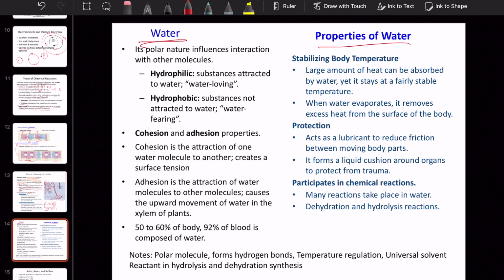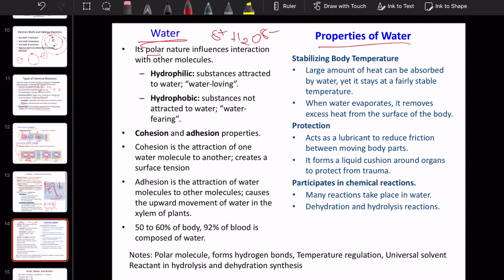It does have a polar nature. Polar means it has a charged particle, like I mentioned earlier, H2O. So partial negative, partial positive charge, so it's a little polar. So it has the ability to interact with other things.